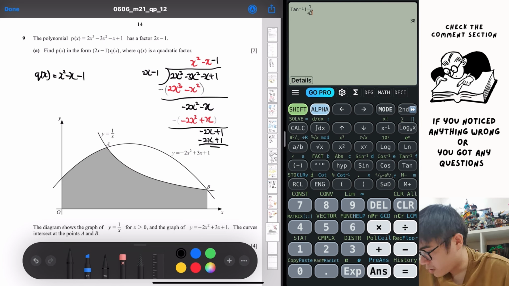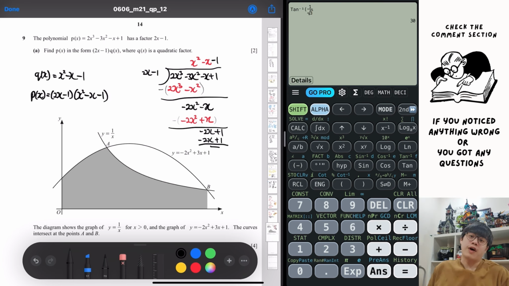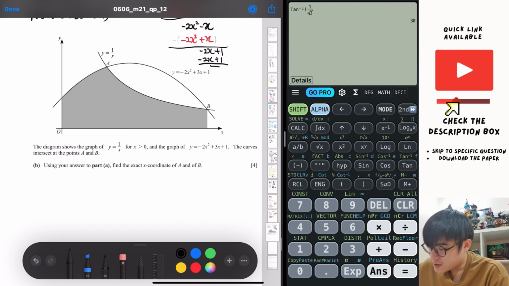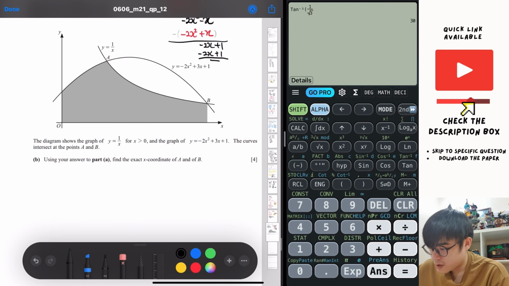So write your p(x) in the form of this. It will be (2x minus 1)(x squared minus x minus 1) as your final answer. In 9 part B, they ask us for the coordinates where these two lines intersect.